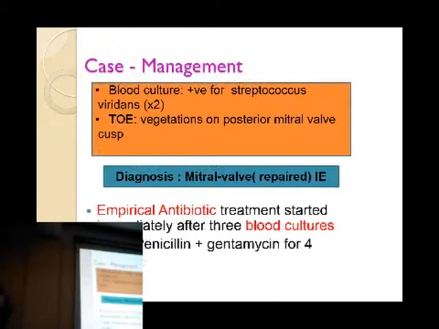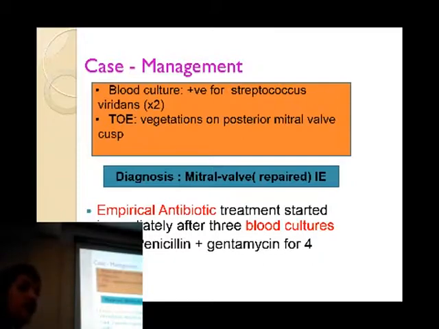Now let's look at my patient again. In this patient, we did initial blood cultures. We only managed to take 2 blood cultures. Both became positive for Streptococcus viridans. The transthoracic echocardiogram only revealed a valve leak and could not recognize any vegetations, but the transesophageal echocardiogram confirmed a couple of vegetations on the posterior mitral valve.